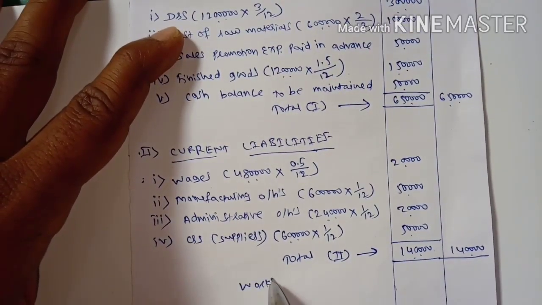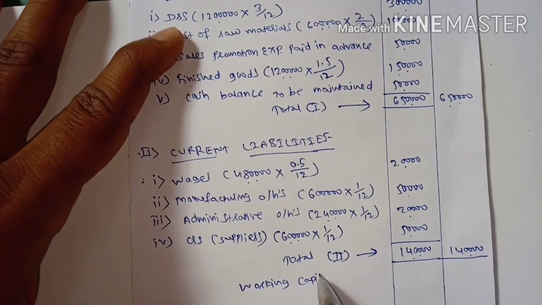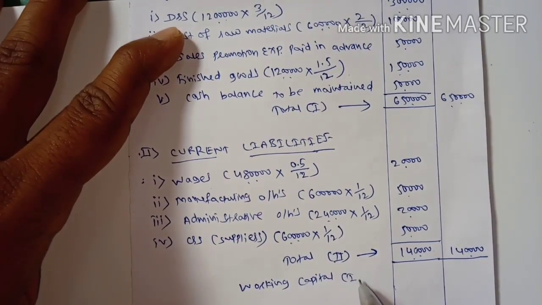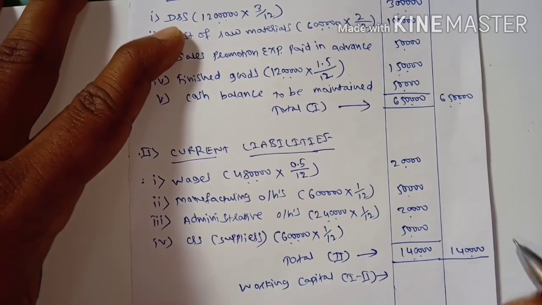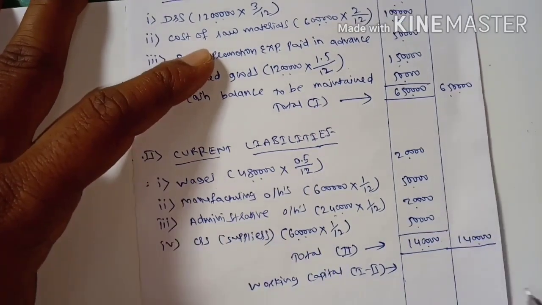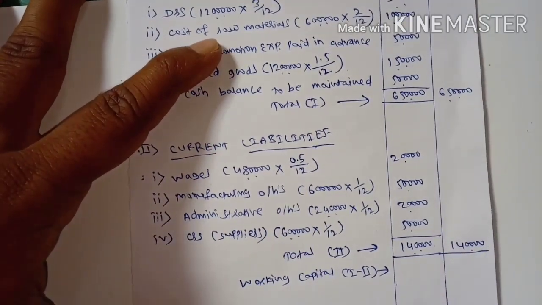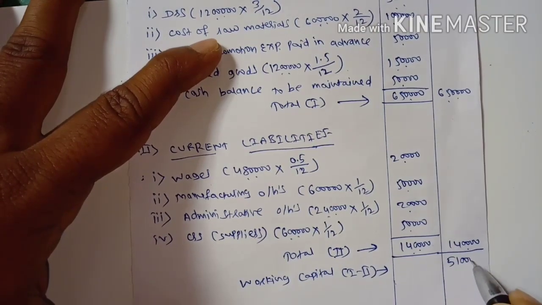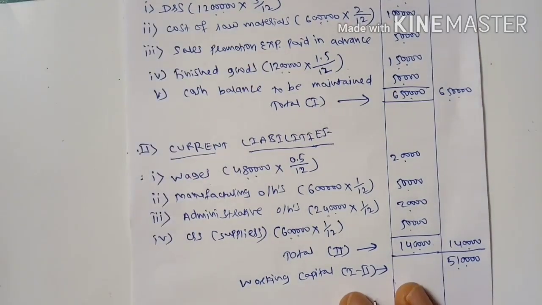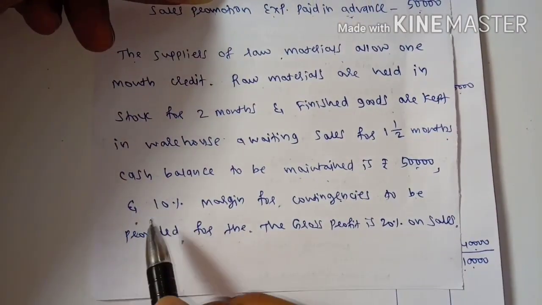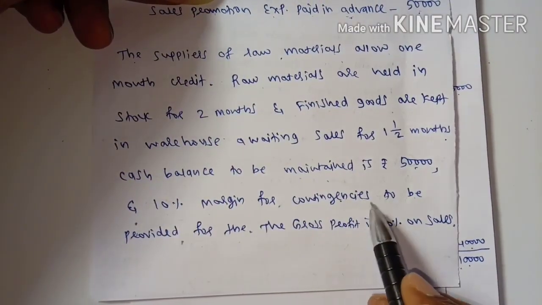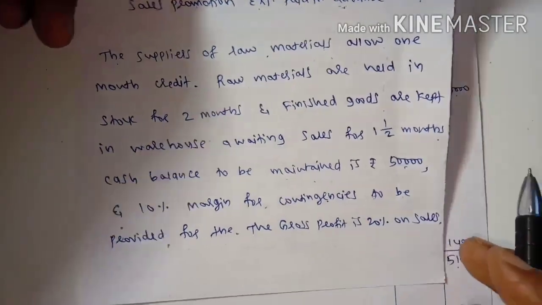So working capital, 1 minus 2, 6,50,000 minus 1,40,000, so it is 5,10,000.